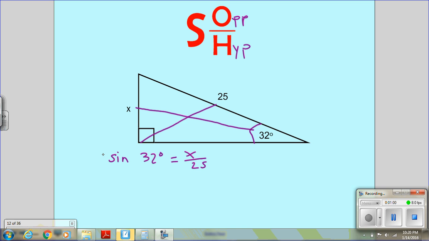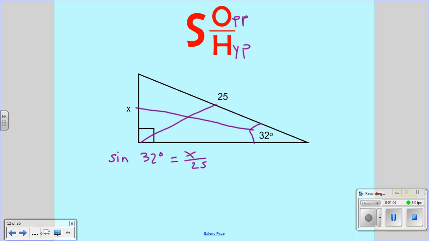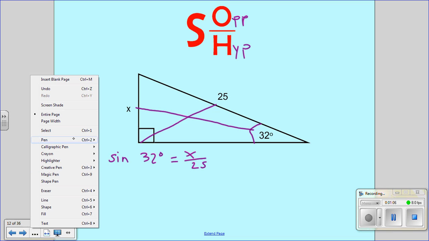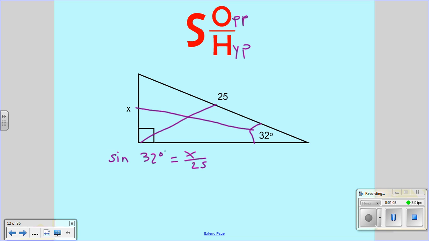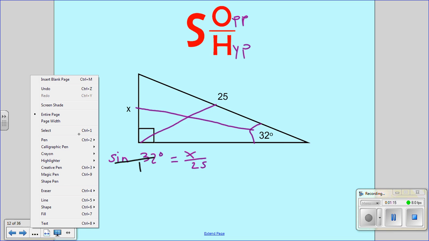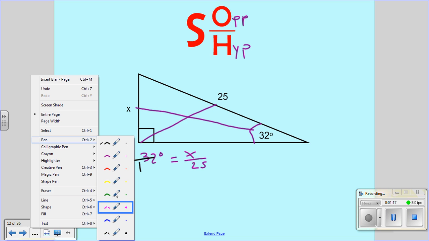So if I wanted to solve for x, I would first set sine 32 up as a fraction, so I can put it over 1. And then I would cross multiply, like we've done in the past.